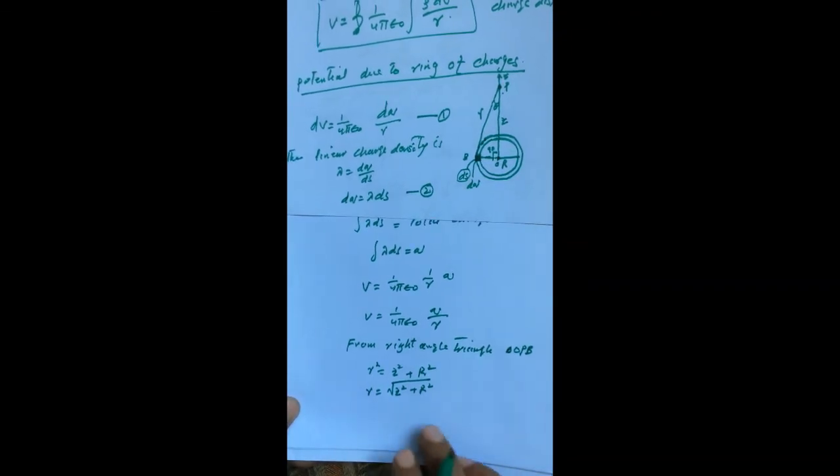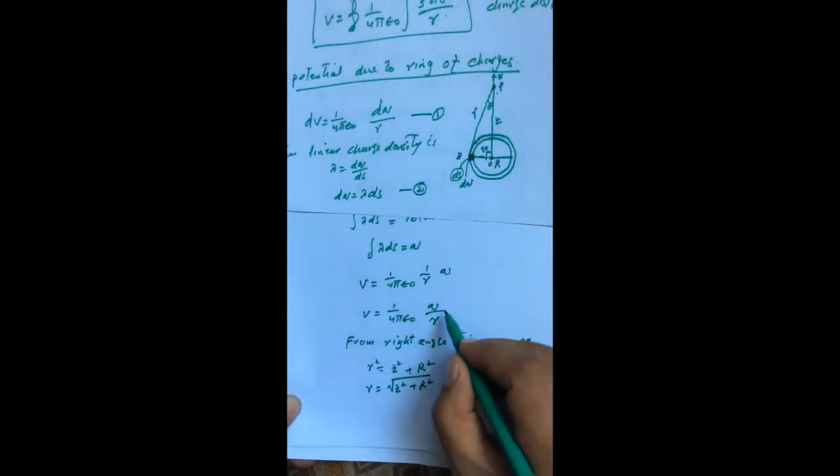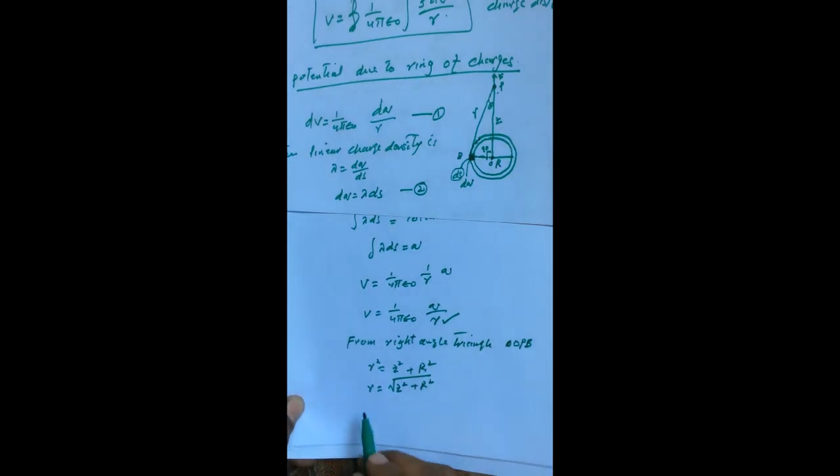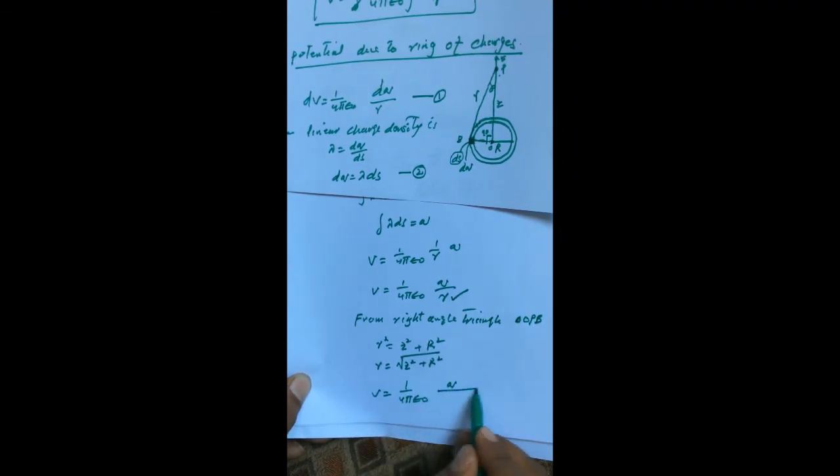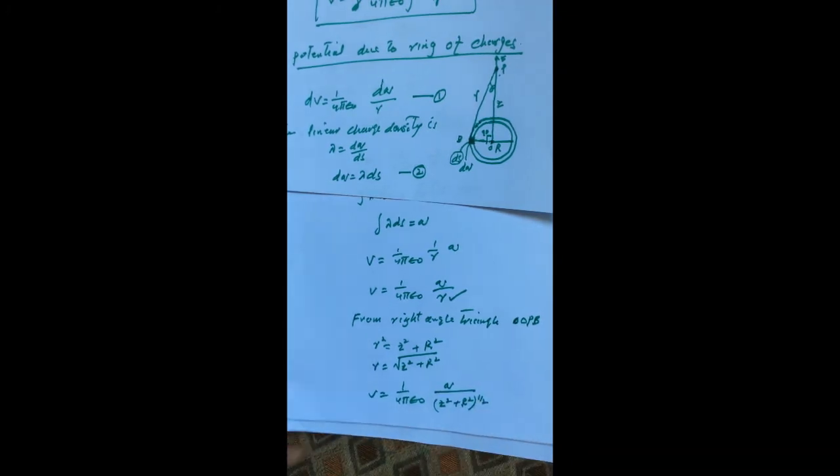So if I put this value in this relation, we have the total potential due to the ring of charge: 1 over 4 pi epsilon naught q over z square plus R square whole to the power 1 over 2.